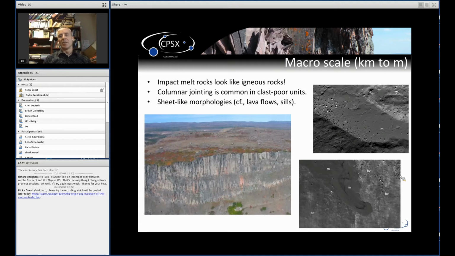On the right-hand side, a couple of images, roughly a kilometer or two across, we can see cooling cracks in the top image, and beautiful flow textures on the side there. So they form sheet-like morphologies, just like lava flows in volcanism.